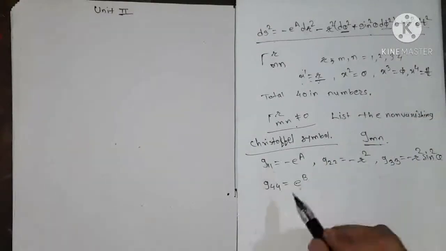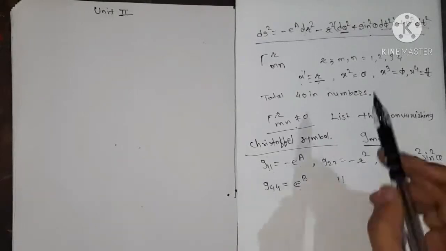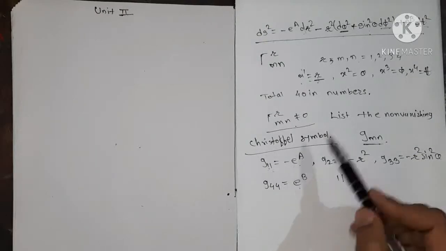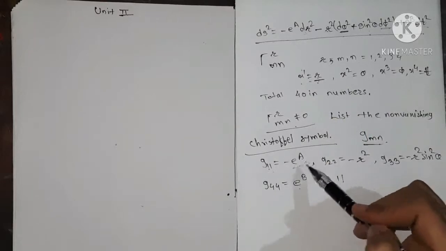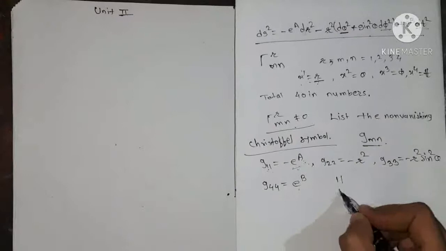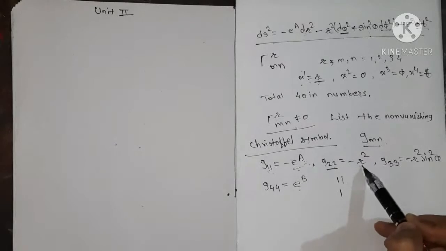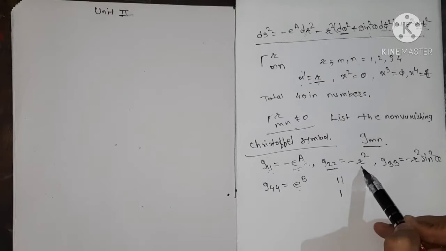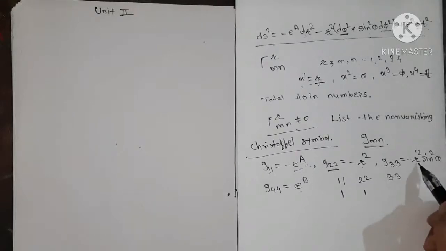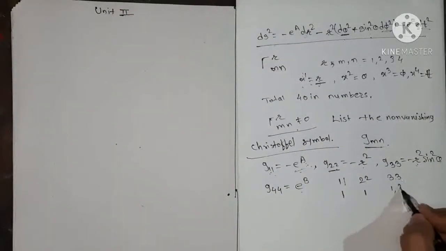From this, a is a function of r, so g11 depends only on r, because there is no theta, phi or t in this term. r is our first coordinate, so 1 depends on 1. g22 has only r, no theta, phi or t, so 22 also depends on 1. For 33 there are r and theta, where r is the first coordinate x1 and theta is the second coordinate, so 33 depends on 1, 2.